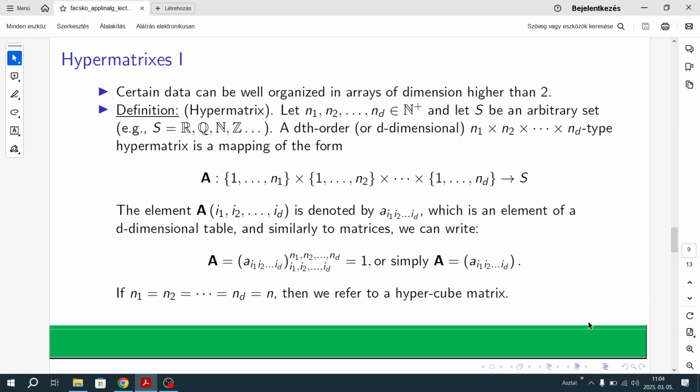This matrix can be written in this form, and this means nothing, just that this is an element. It has many indexes, and if you go down and write it in 2 dimensions, you get the same that you had for matrices, 2-dimensional matrices.